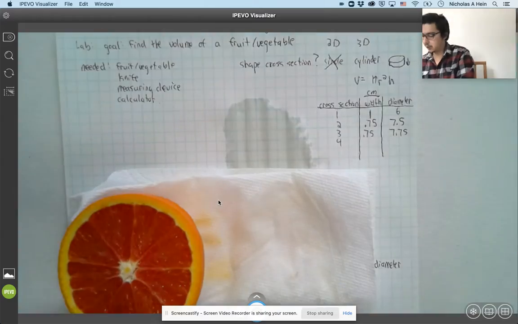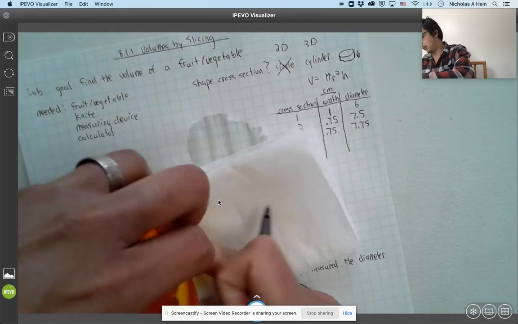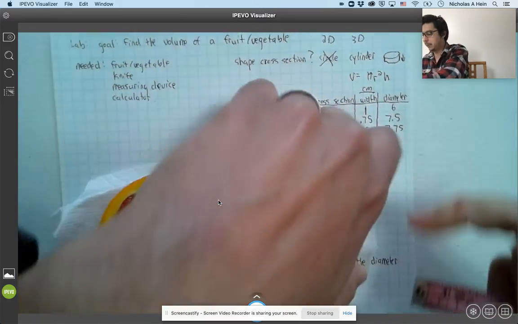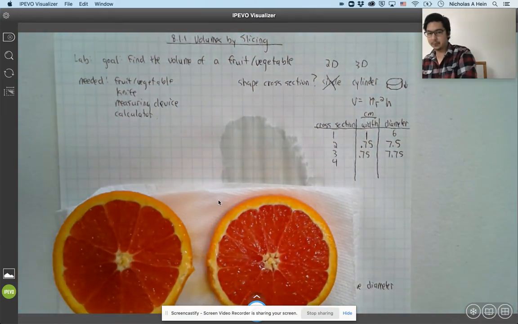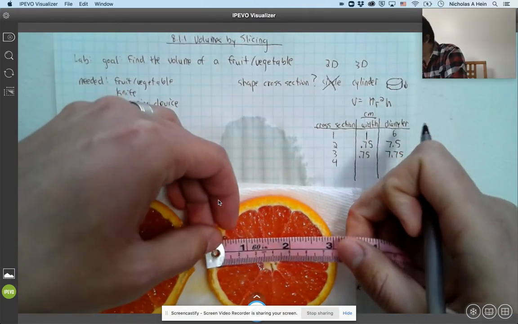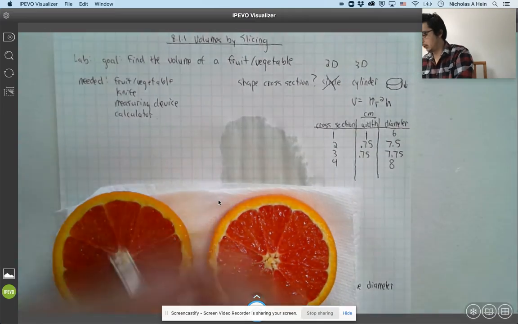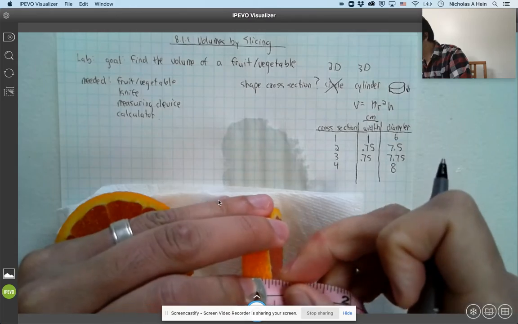My fourth cross section, I didn't cut it perfectly. There we go. Okay. This one has a diameter of 8 and the width of 1.